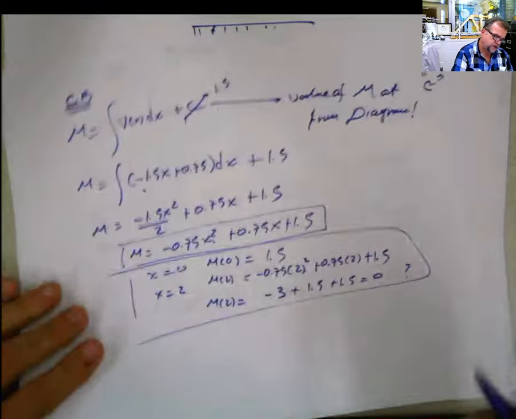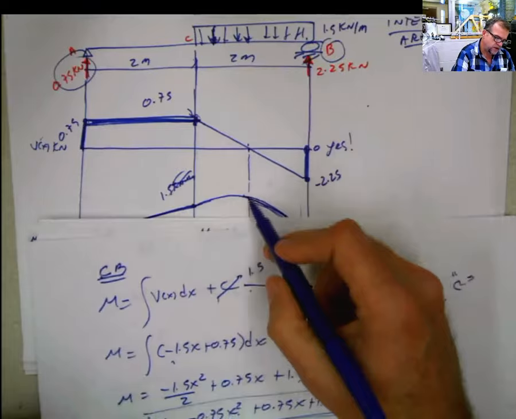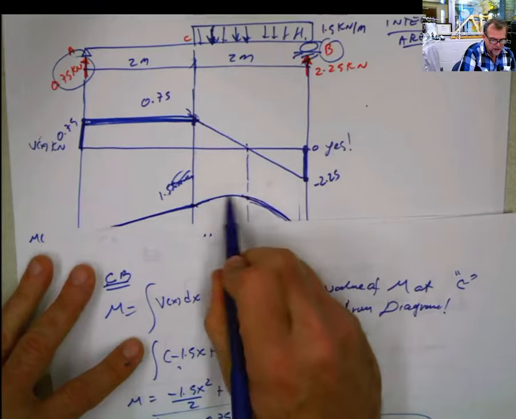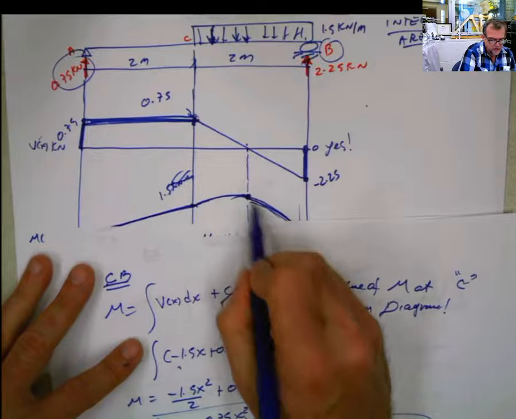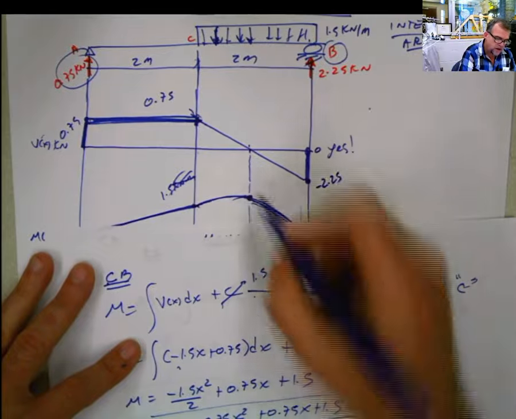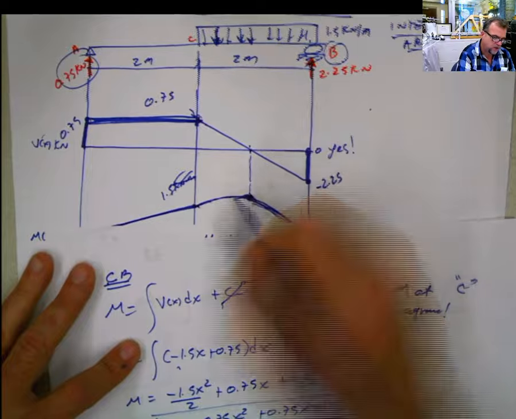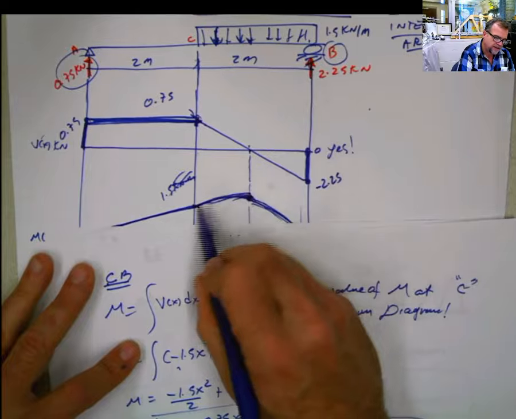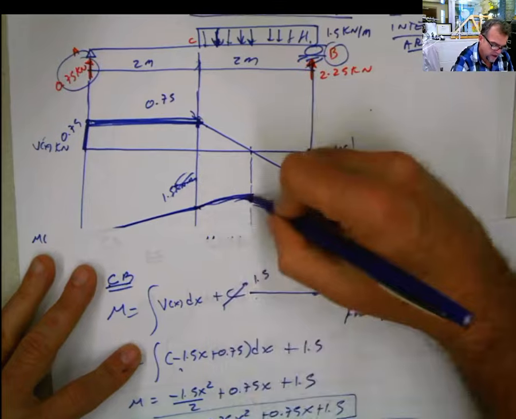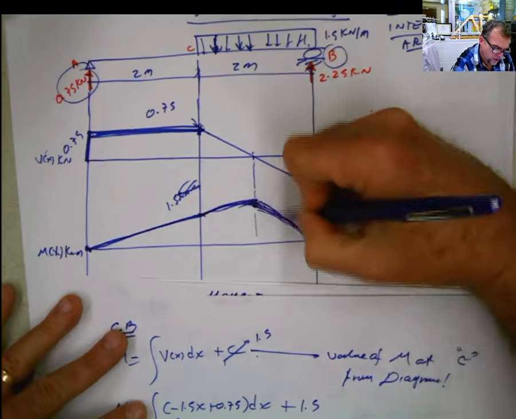Well, I know this point is going to be somewhere here, and you have to go over there and calculate that and see how much that point is. How do I know if this is going to be a maximum at that point? How do I know that?